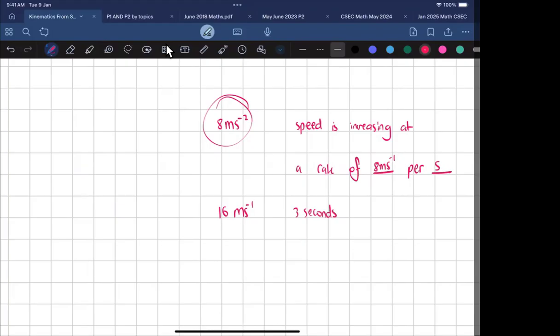Is this acceleration or deceleration? Acceleration. So your speed is increasing or decreasing? Increasing. So if you press gas for 3 seconds, that's an increase of 24 meters per second. If you were going at 16 and you increase it by 24, what's your new speed? 40. That's correct. Perfect.